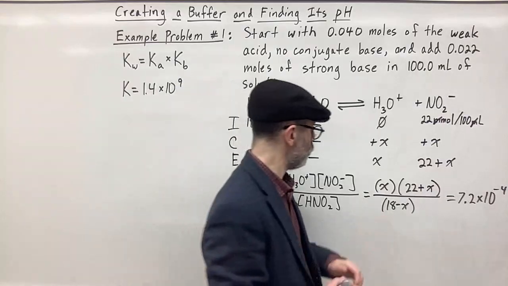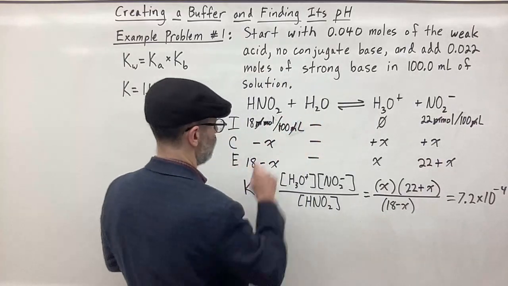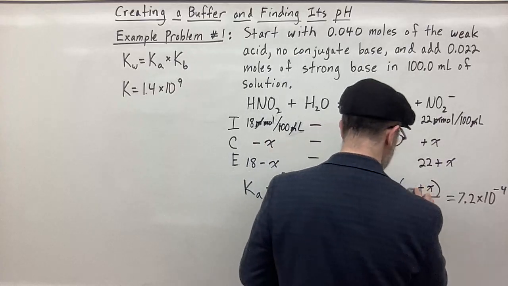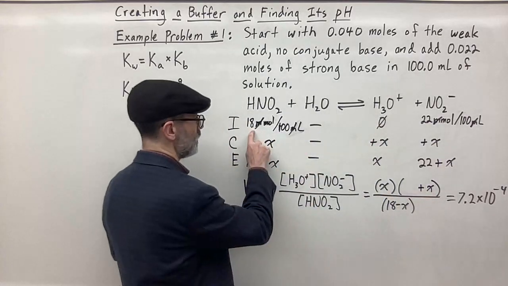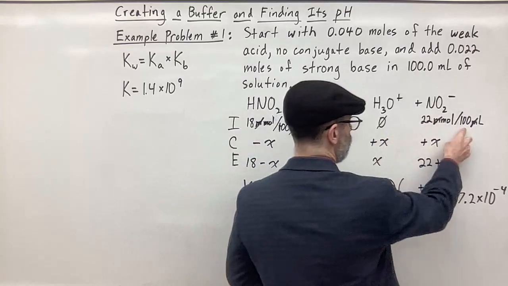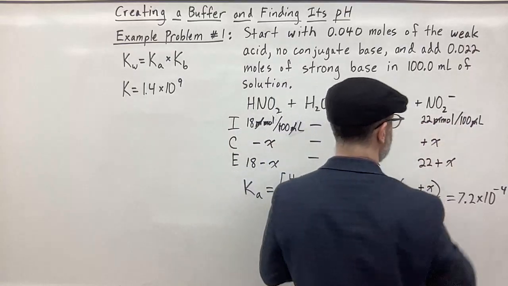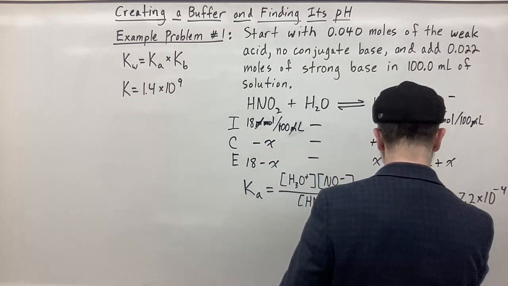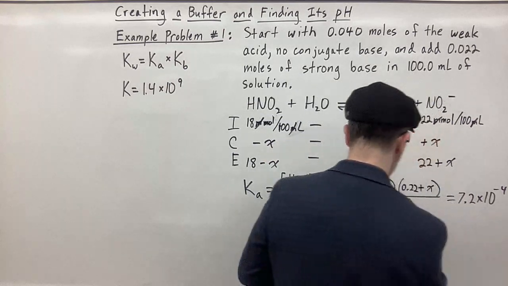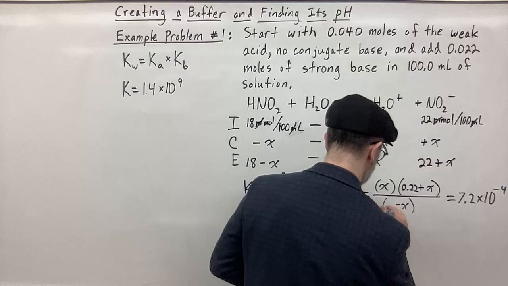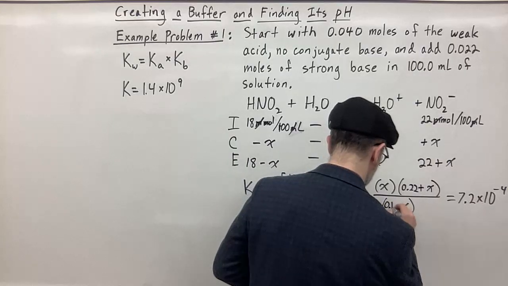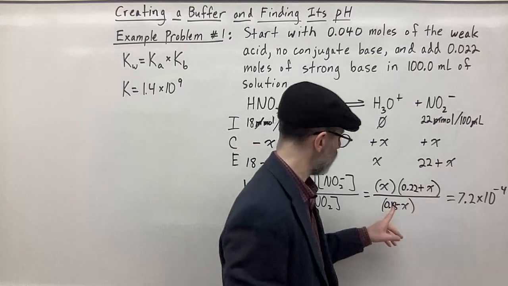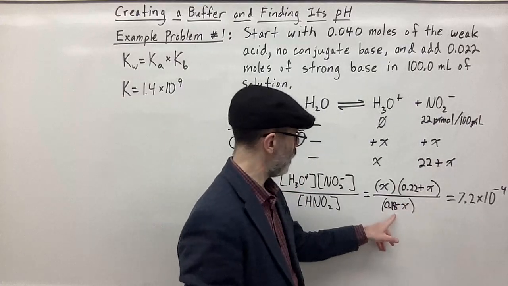Oops, I forgot to divide by the 100. So 22 divided by 100 is 0.22, and 18 divided by 100 is 0.18. Sorry about that.